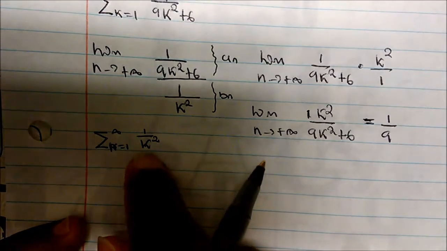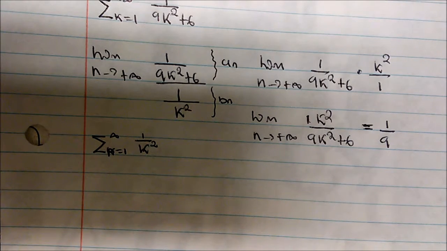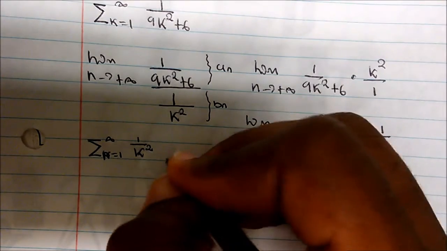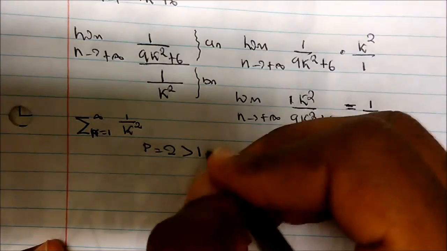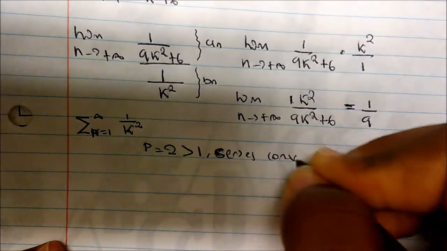Well, what's my p? My p is 2. Remember we said that if p is greater than 1, and in this case p is equal to 2, which is greater than 1, then the series converges.